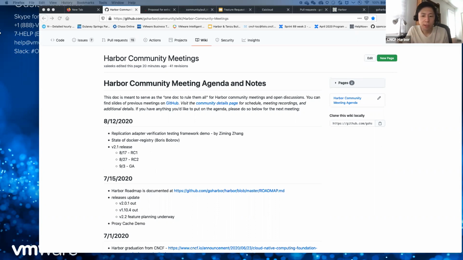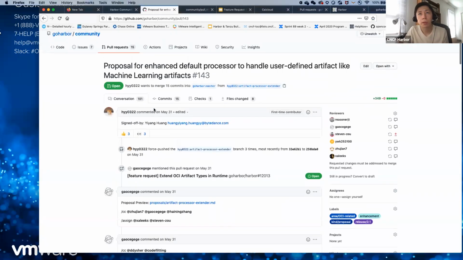And so this has all the features that we talked so much about. The ability for Harbor to act as a proxy cache, P2P integration with Uber Kraken and Alibaba Dragonfly, non-blocking garbage collection, as well as the work we did with TiCloud to allow Harbor to be able to host machine learning workloads. So I'm not sure if this was ever covered in detail, but there is a proposal here that you can learn about in their community.